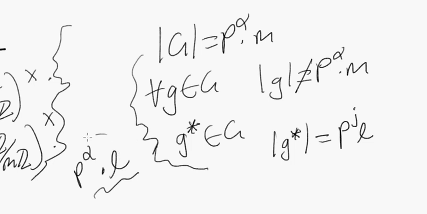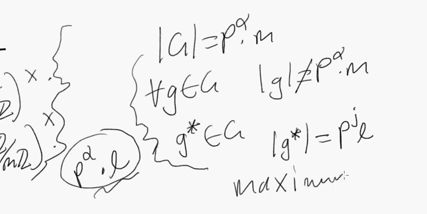Could it be that the element in the group whose order is the maximum is going to have the form p to the alpha times L? So let's evaluate this bizarre idea that just came up, the maximum order element of the group. Maybe that will give us something. If not, we'll just abandon this approach and try something else.